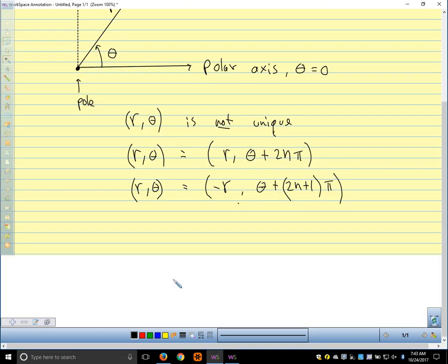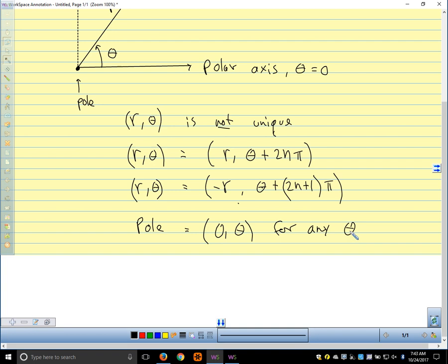And the pole, one tricky part of polar coordinates is (0, theta) for any theta. So if our radius is 0, we're at the pole no matter what our angle is.